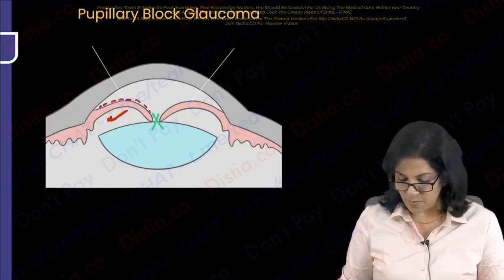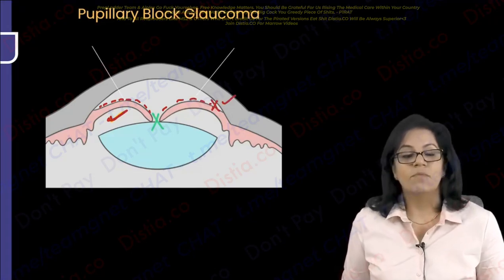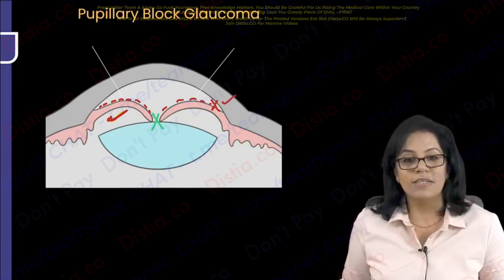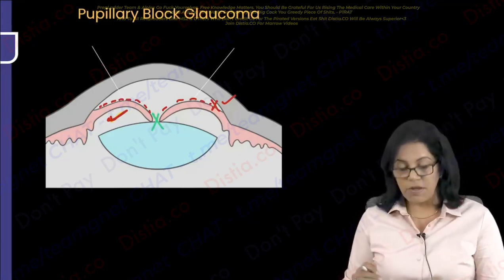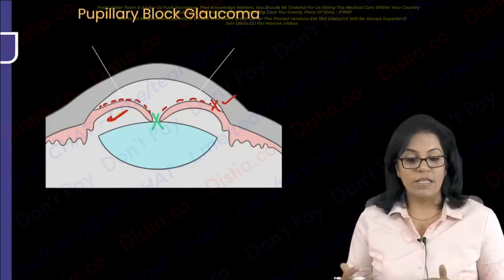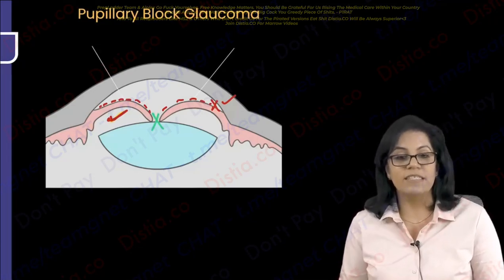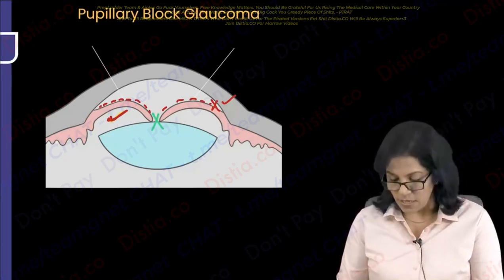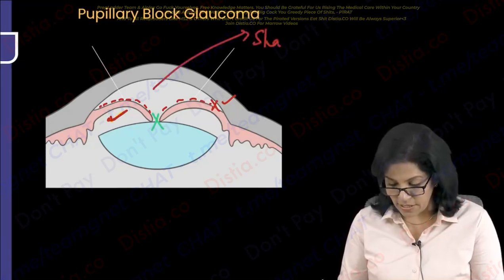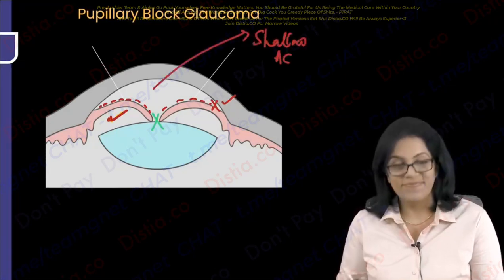This is what is called iris bombe. And what happens? It touches the cornea, leading to pupillary block glaucoma by blocking the drainage. So post-operatively, there could be a pupil block due to any of the reasons, which is causing a shallow anterior chamber, number 1.